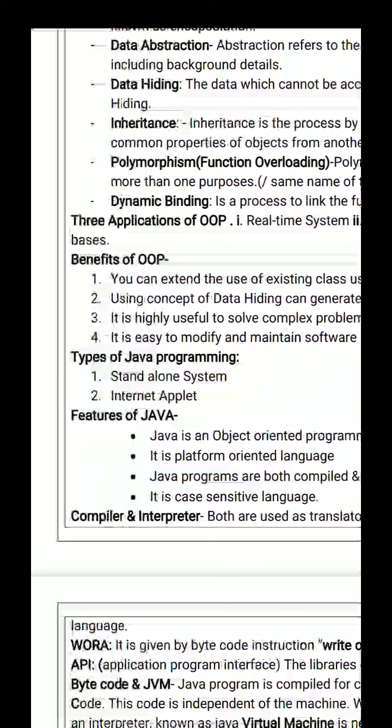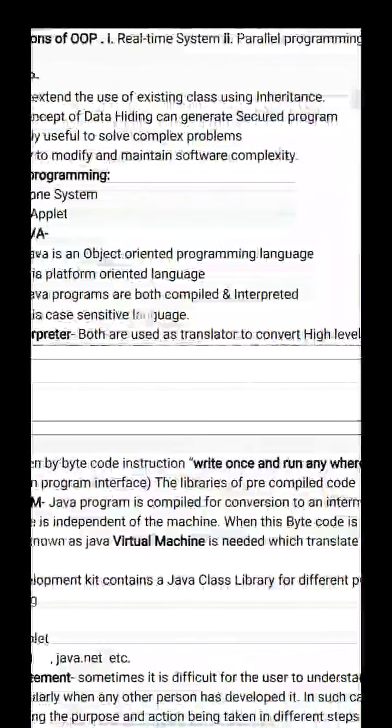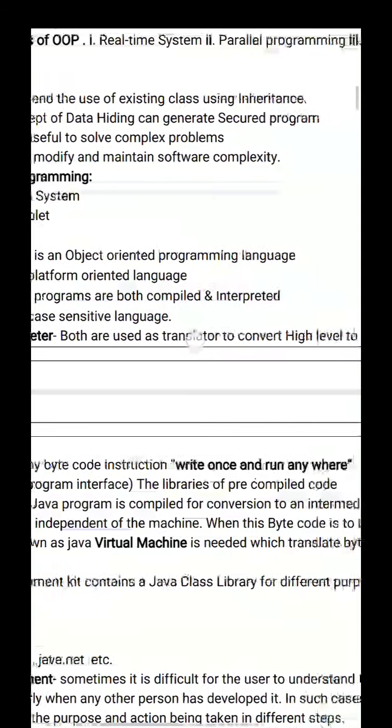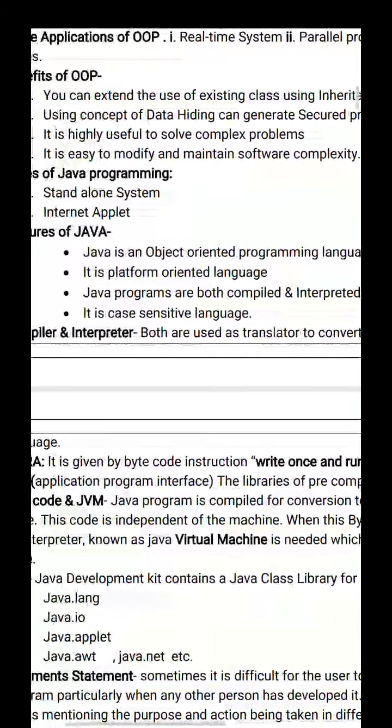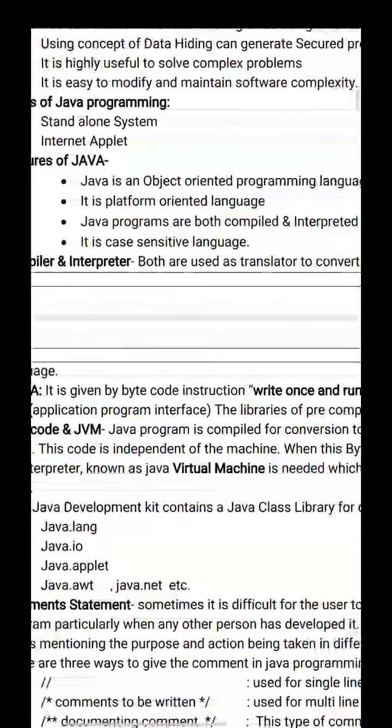Types of Java programming: standalone systems and internet applets. Features of Java: Java is an object-oriented programming language. It is a platform-independent language. Java programs are both compiled and interpreted. It is a case-sensitive language. What are compiler and interpreter? These are translators.